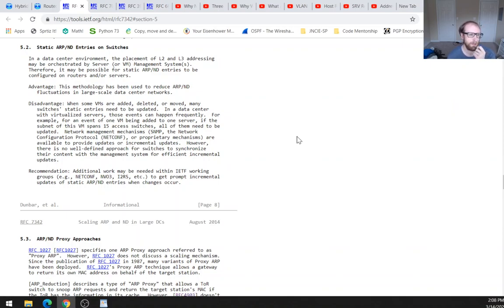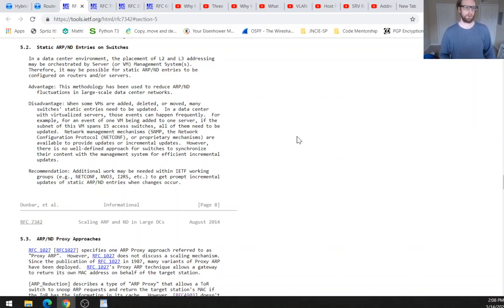Disadvantage: when some VMs are added, deleted, or moved, many switches' static entries need to be updated. In a data center with virtualized servers, those events can happen frequently.